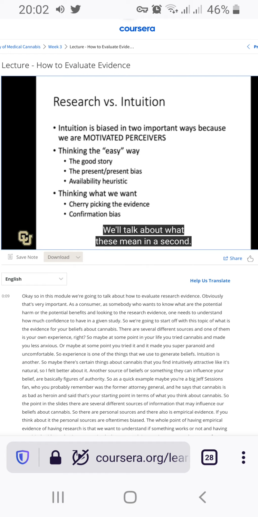We'll talk about what these mean in a second. Also, thinking what we want, right? So this is also a source of bias where we cherry pick the evidence to be consistent with what we want, or there's some confirmation bias. We're biased towards things that confirm our pre-existing beliefs.